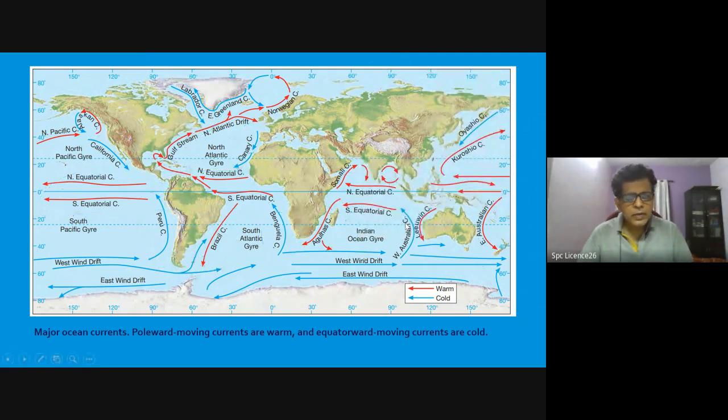We possibly would still have had these ocean currents, but the drift caused by the equatorial currents, as you can see in front of you, possibly would not have been there.